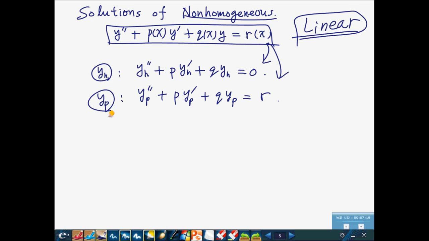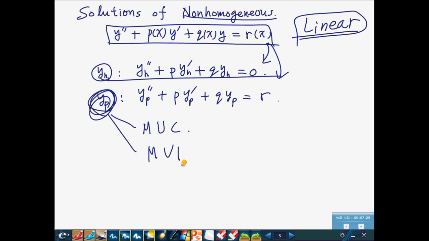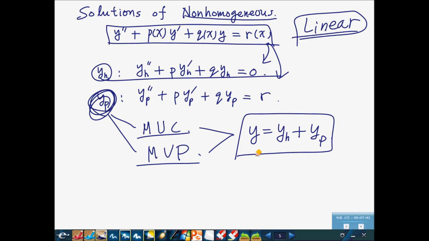And you already learned how to get y_h, and you're going to learn the methods to get y_p, which are MUC, the first one, and MVP. From this methodology, MUC and MVP, you're going to get y equals y_h plus y_p. Then that's your final, the most general solution for the non-homogeneous case.